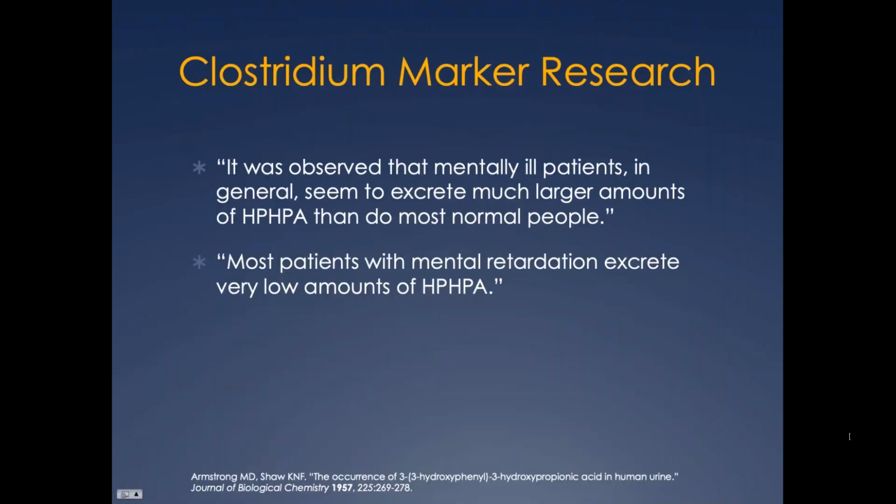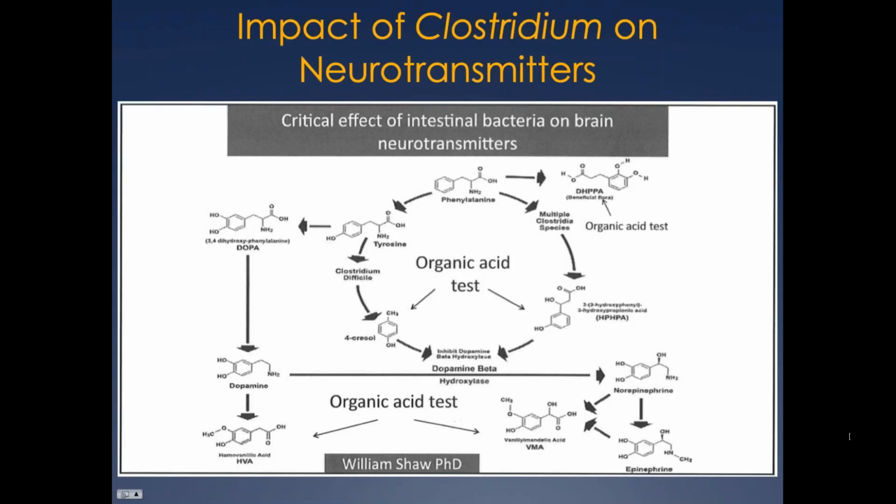That seemed to excrete much larger amounts than most normal people. And again, bear in mind, this is from 1957. Most patients with mental retardation excrete very low amounts of HPA. At that time, the researchers didn't really know what to make of it other than to just say, wow, we noticed this finding. But we can take a look at what is happening.